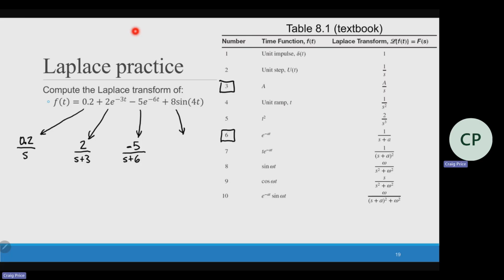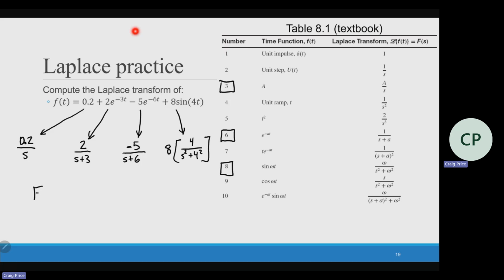Questions so far? Okay, this is not the hardest part of Laplace transform, but I'm just trying to build a good base for going forward. Lastly, this is a sine, so this would be line 8. So we would have an 8 times, we have the omega, which is 4, over s squared plus 4 squared.